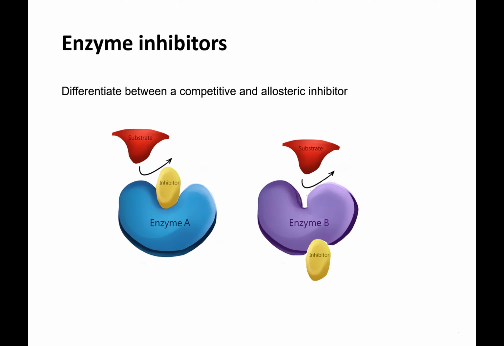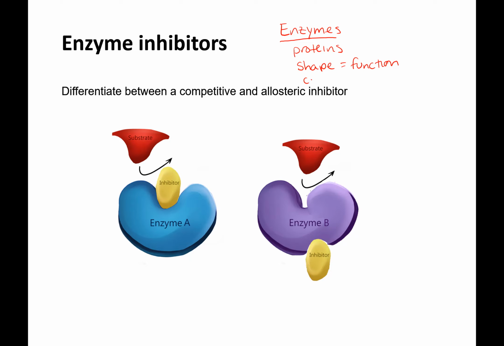Okay, this mini lecture is to talk about enzyme inhibitors. So we've talked about enzymes before, and most enzymes are proteins. They have a specific shape that gives them function.